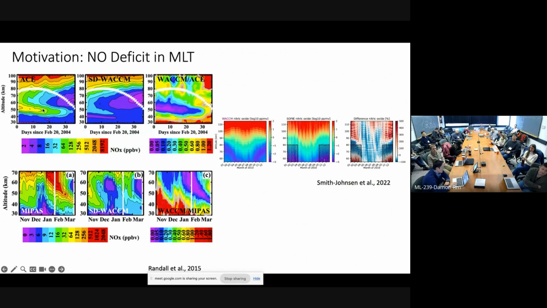This kind of very extended downward transport of nitric oxide, and also look at its impact on the ozone chemistry. That's it. Thanks.